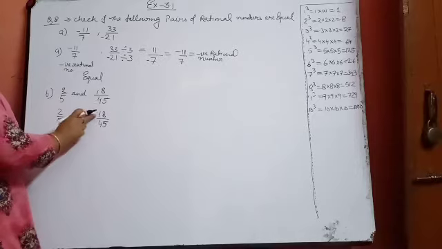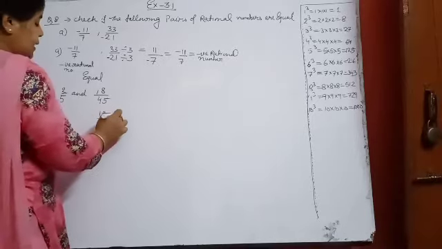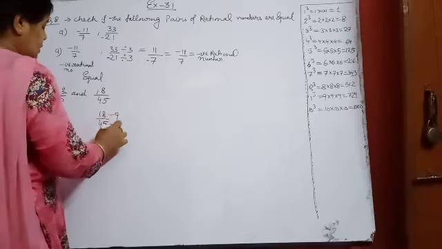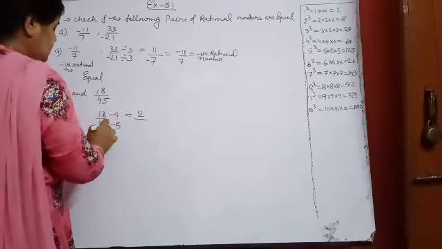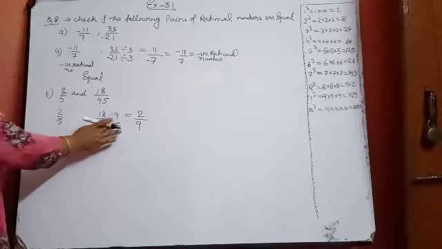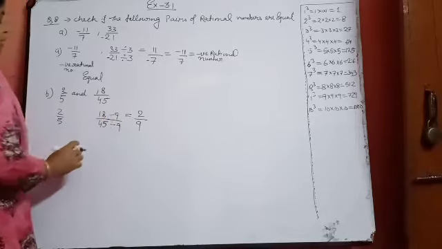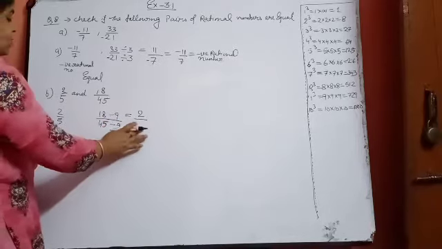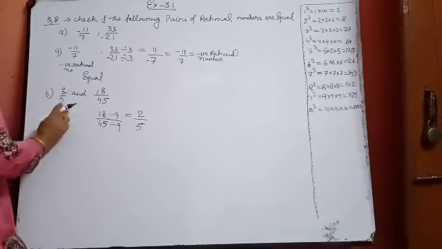Yes, they come in the 3 table, or they come in the 9 table also. So I am dividing by 9. 9 twos are 18, 9 fives are 45. We should divide the numerator and denominator equally by 9.